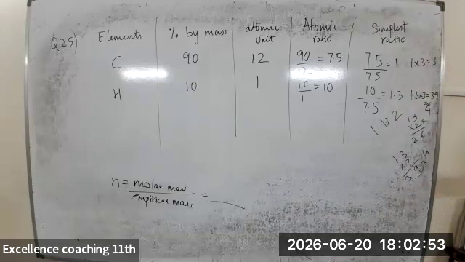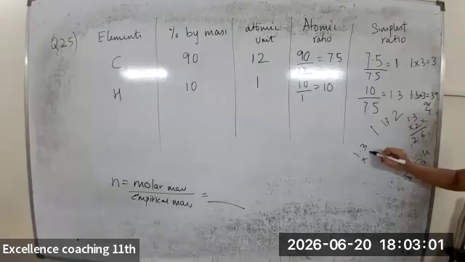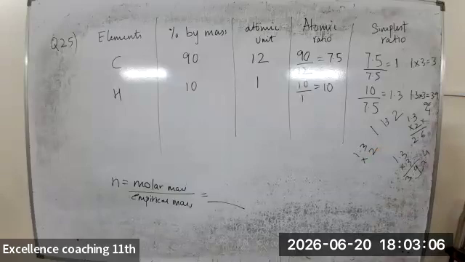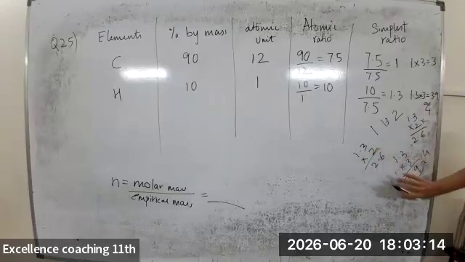So both numbers we multiply with the same number. Try 1.3 multiplied by 2. How much do I get? 2.6, again between 2 and 3, so we can't take this.